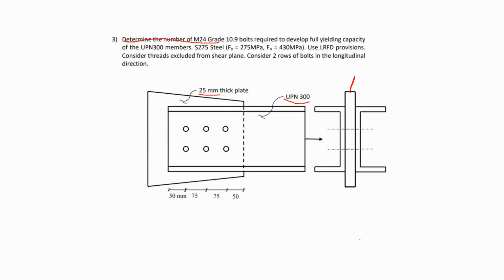Before continuing, we have to consider an important part in this problem. It says, what is the number of M24 grade 10.9 bolts required to develop full yielding capacity of the UPN 300 members? So you need bolts that are actually going to be stronger than the UPN 300s that you have.